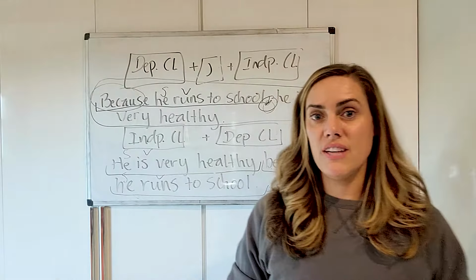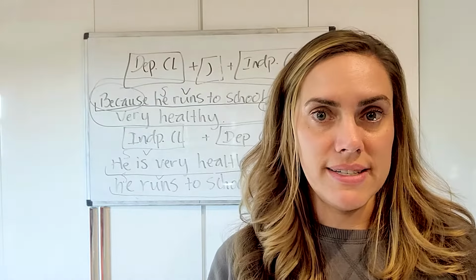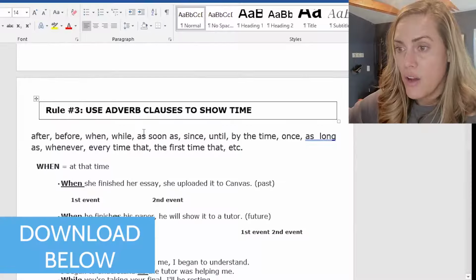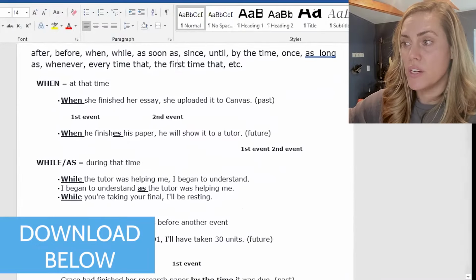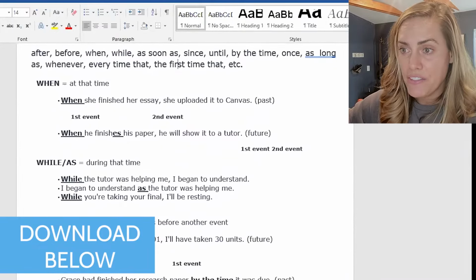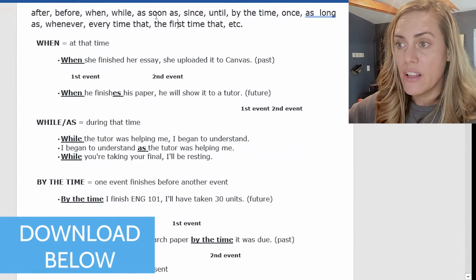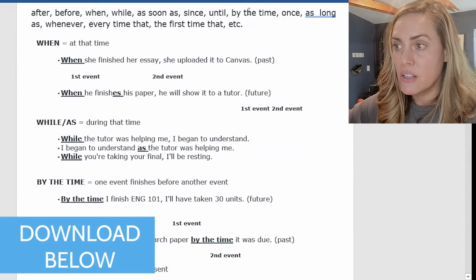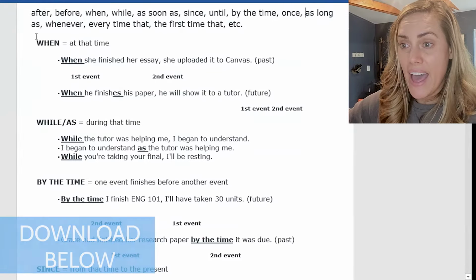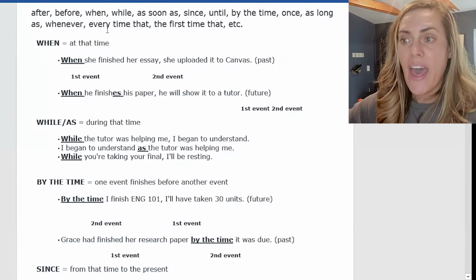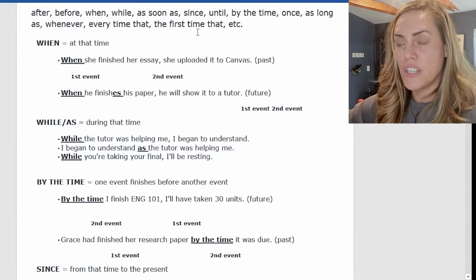Now let's talk more about the types of adverbs that we can use to make sentences like this. All right, so I'm going to show you here some of the common adverb clause time words, frequency words, and words that show relationships between sentences. So let's start with the time words. Okay, so here we see the words after, before, when, while, as soon as, since, until, by the time, once, as long as, whenever, every time that, the first time that.